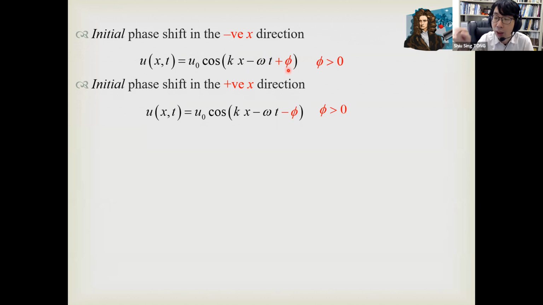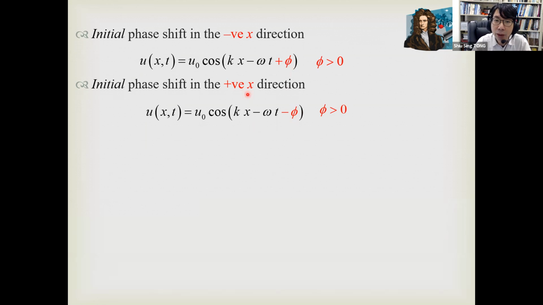How many wavelengths is the shift? It corresponds to phi over 2 pi. You divide phi by 2 pi and multiply by the wavelength, and you will see how far the curve shifts. It's easy to remember: for phi equal to, say, pi over 2, it corresponds to a quarter of a wavelength. If phi is equal to pi, that corresponds to half of a wavelength. So you should at least remember these two special angles.